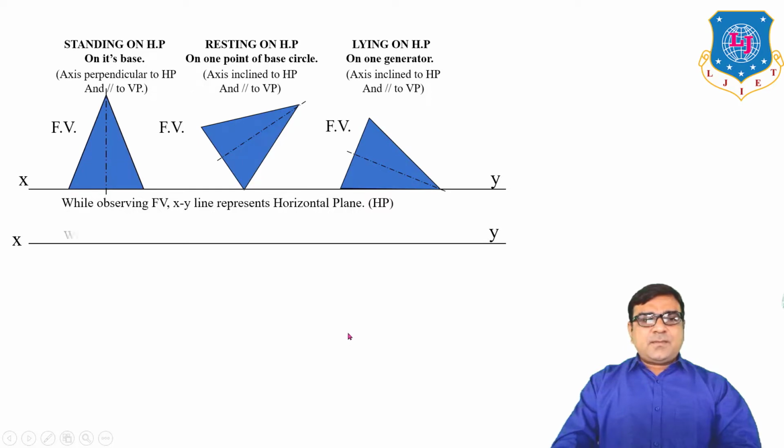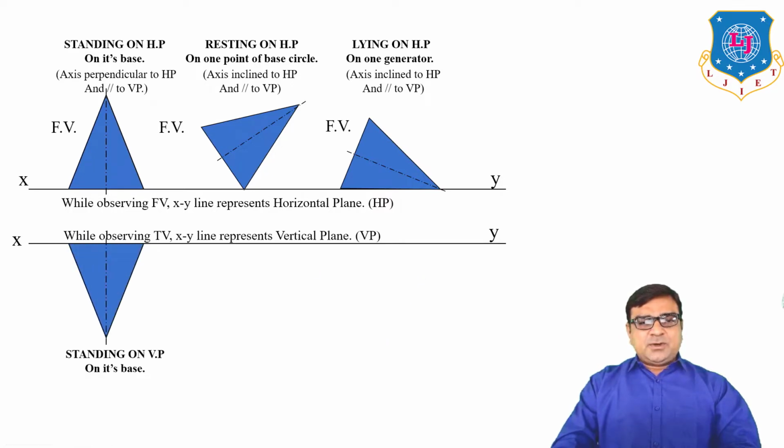Now, when we observe the top view, the vertical plane looks like the XY line. The position on the vertical plane means the cone is standing on VP on its base, when the axis is perpendicular to VP and parallel to HP. Here this axis is perpendicular to XY, which means the axis is perpendicular to VP. So this is the top view.